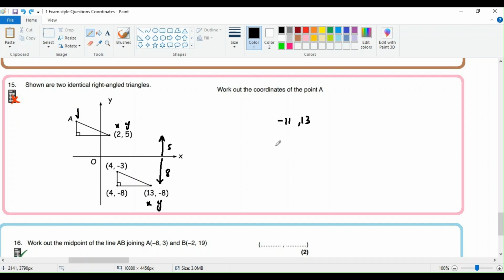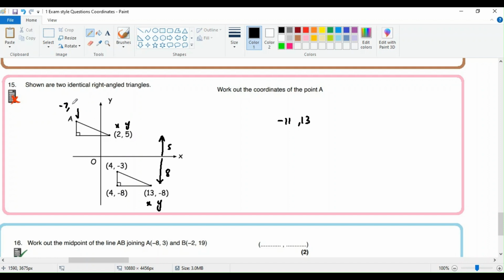If we move 4 to -11, it's going to be 11 minus 4, which gives us 7. That means this is going to be -7. And now when it comes to y, it is -3. When 13 is added to this, because we are going up, that gives us 10.